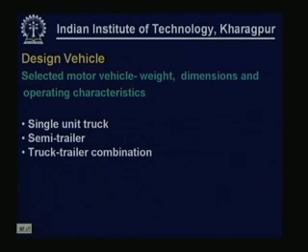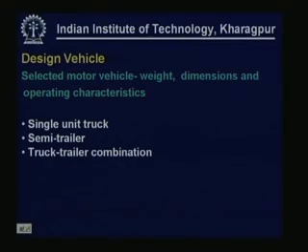Design vehicles. Different vehicles, their weights are different, dimensions are different, operating characteristics are different. So, it is understood that their requirements also will be different. Now, the question is, for which vehicle the road system should be designed?